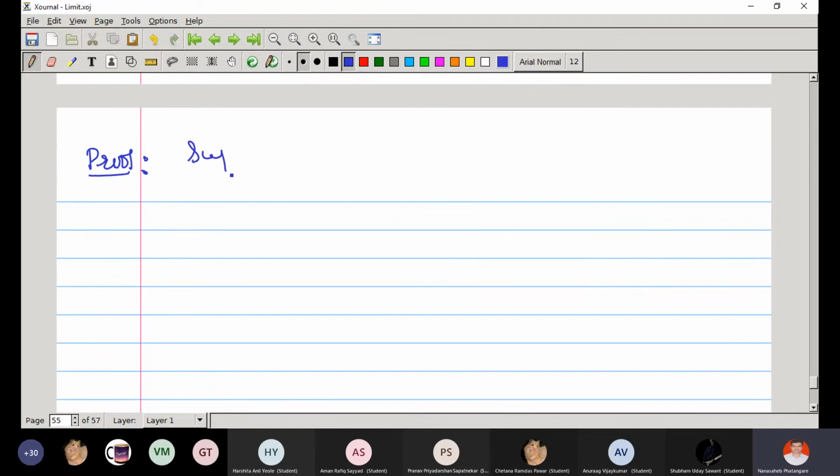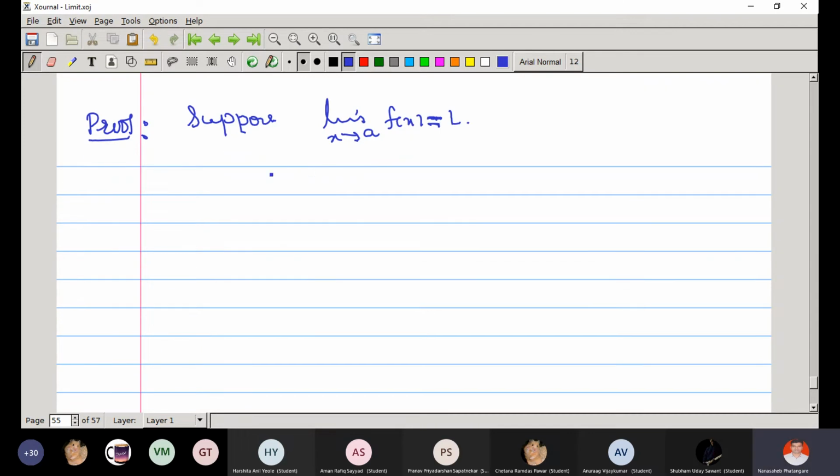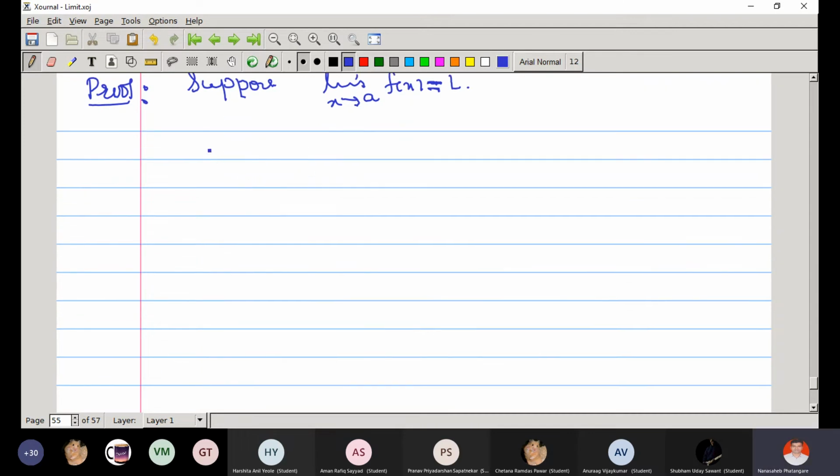So suppose limit x tends to a of f(x) exists and it is L, right? So what is our claim?